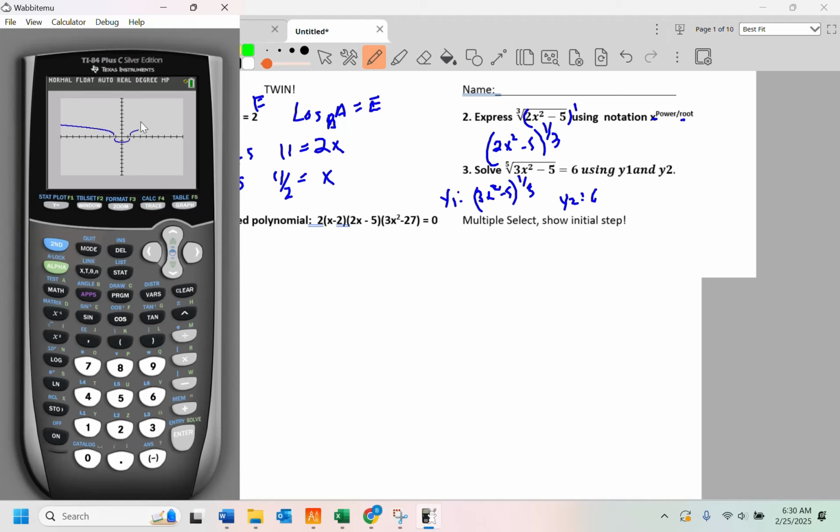The graph, thankfully, has some symmetry. Anyways, I can see that it's probably going to hit somewhere way over to the left and somewhere way over the right. So I'm going to go to Window. I'm going to adjust my X-min to be negative 100. My X-max to be 100. I'm going to hope that's enough, and I'm going to hit the graph key, and I think it is.